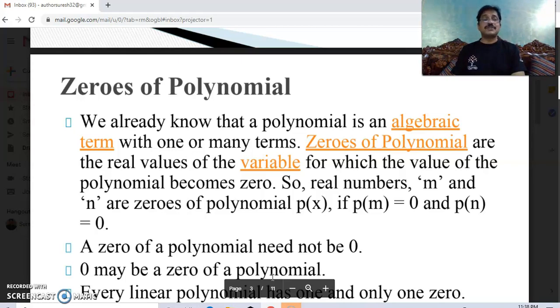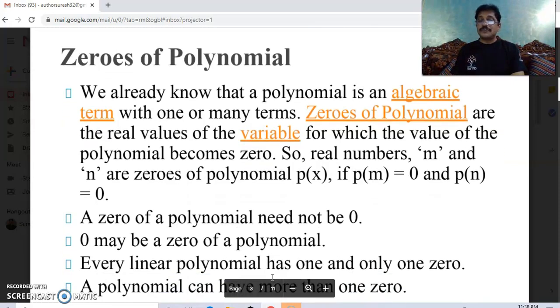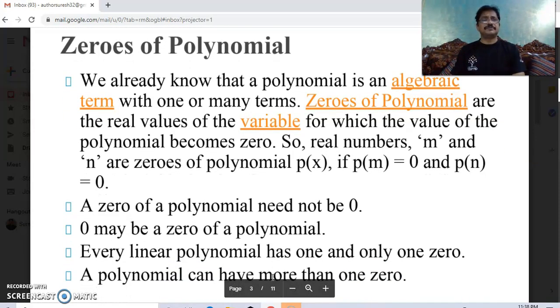If p of n equal to 0, n is a zero of the polynomial. A zero of a polynomial need not be 0. When p of 2 equal to 0, 2 is the zero of the polynomial. So it doesn't mean that p of 0 equal to 0; the zero of the polynomial need not be 0, though 0 may be a zero of a polynomial.